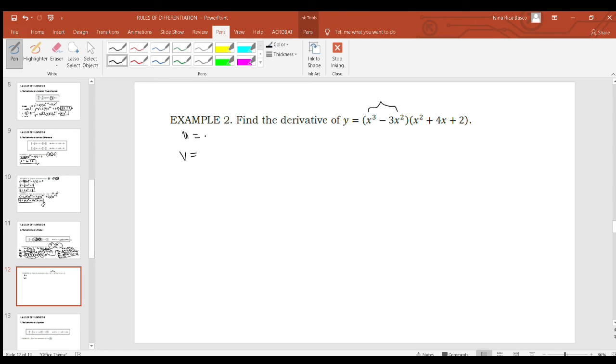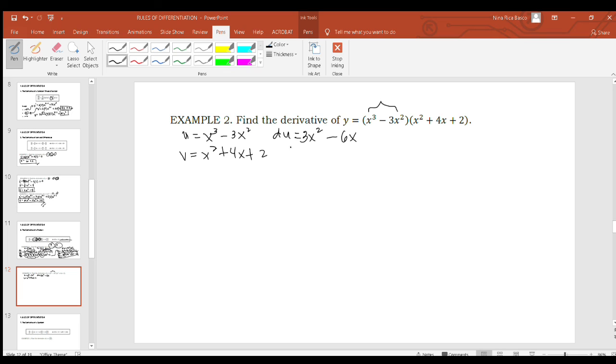So u is equal to x cubed minus 3x squared. Let's also put its derivative so we can directly substitute later. The derivative of u is 3x squared minus 6x. Our v is x squared plus 4x plus 2.